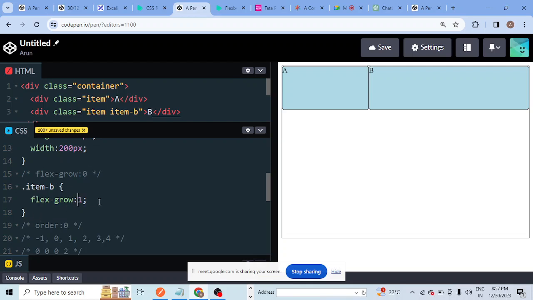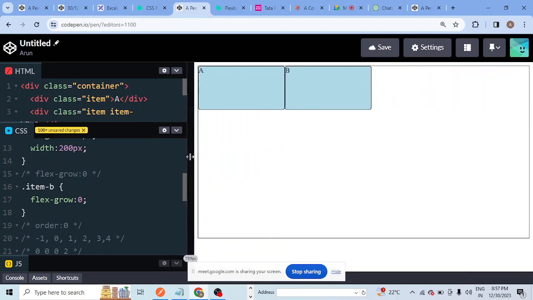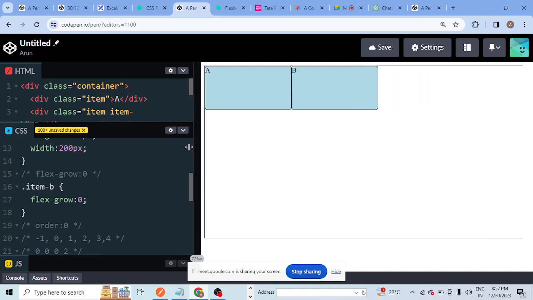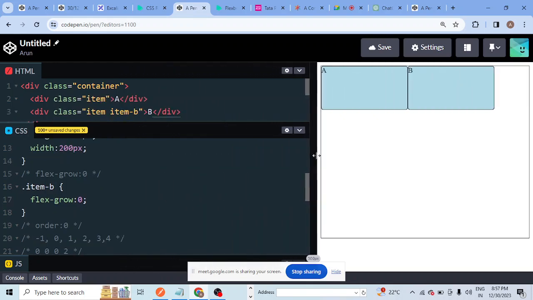Even though there is an available space, the element will not occupy more than what is mentioned in the width or more than the content. It is fixed.